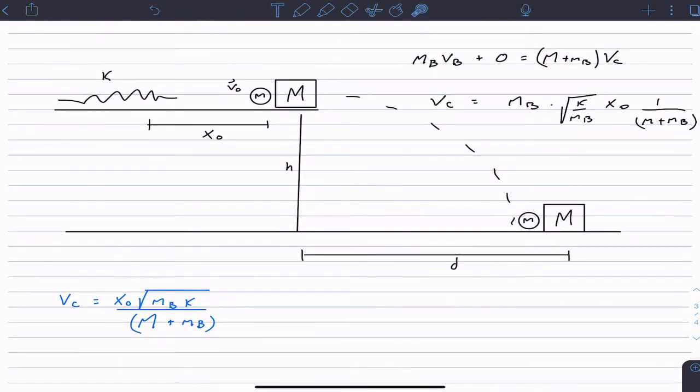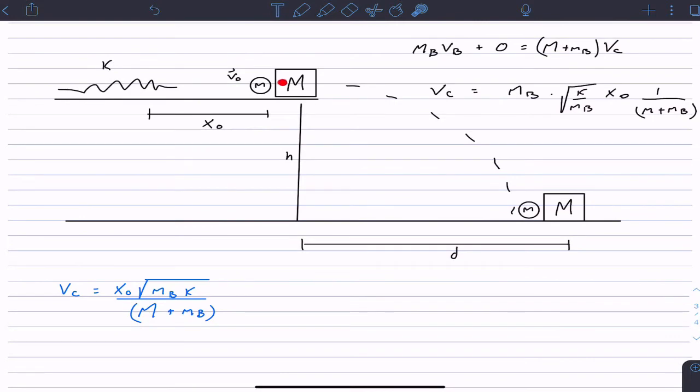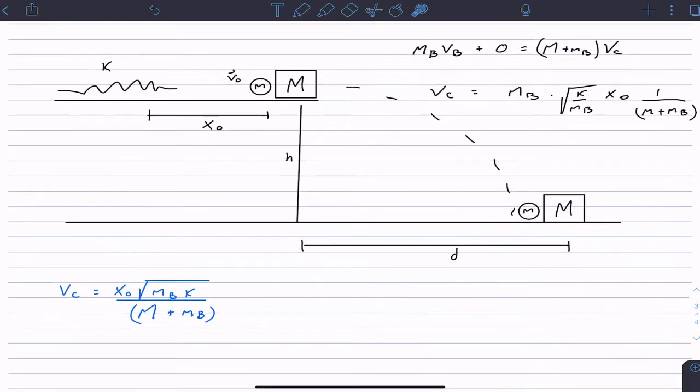Now we need to consider some of the properties of what is happening before we start on our kinematics. This initial height here is going to be y naught, this is going to be h, and we want our final height to be 0. The initial launch angle is 0 degrees because this is just flying horizontally off the table. So there is no angle here.